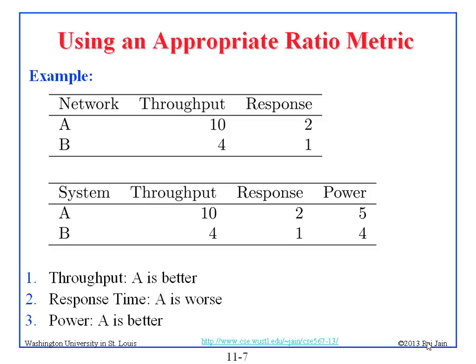Just use the power, and then you can say A is better than B overall, considering both throughput and response time. The power is the best criterion to combine these two. And somebody may come up with the opposite metric, which is response time upon throughput and so forth. So the idea here is that sometimes the metric itself is a ratio, and that can cause this kind of problem.